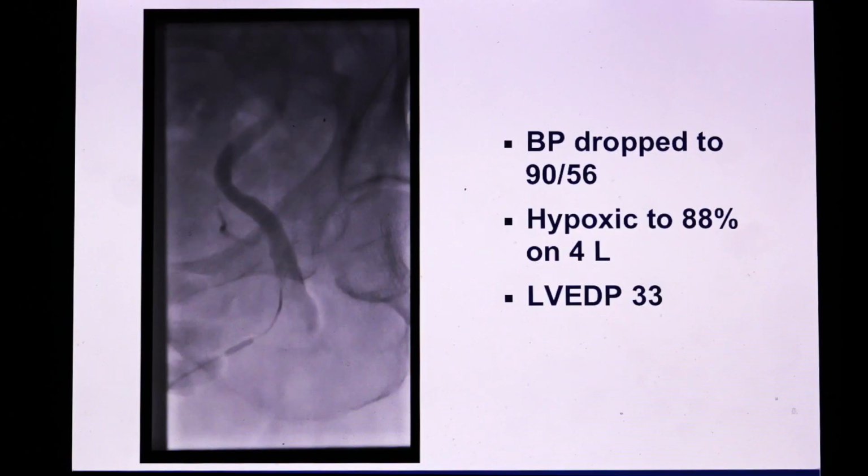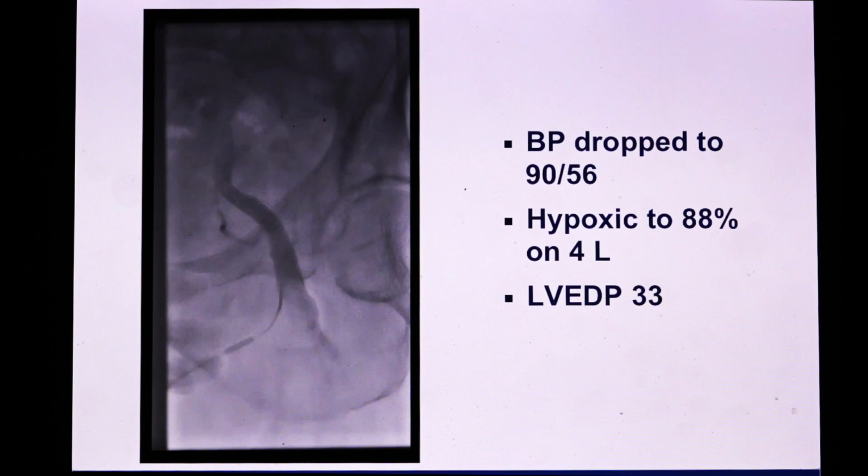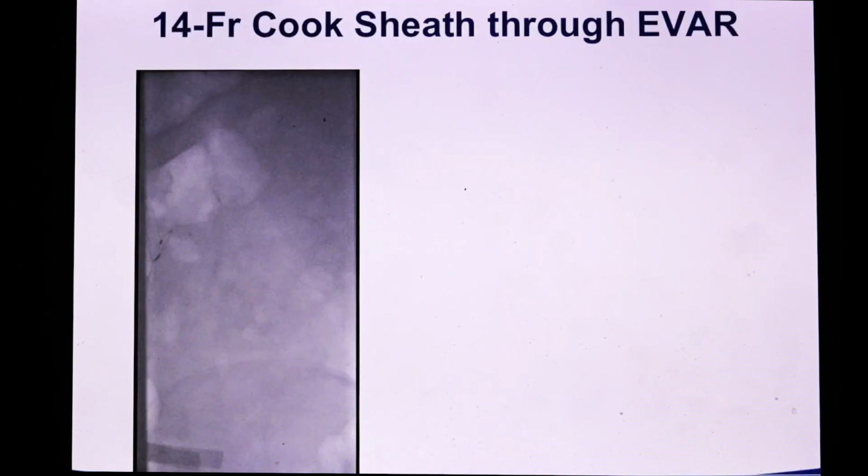As I mentioned earlier, we cannot use the right common femoral artery because the patient had a complication from the TAVR requiring a vascular patch. So we accessed the left groin. Again, the obstacles are not done yet. The patient has severe peripheral arterial disease with an EVAR structure in the abdominal aorta.